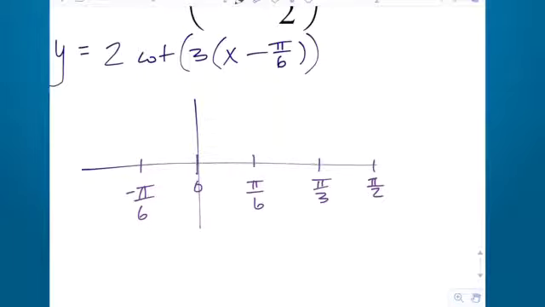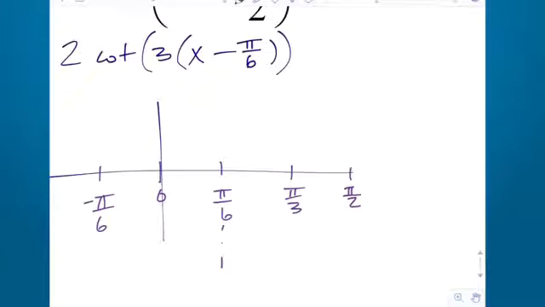Now we need to put our critical values down. Cotangent normally has a what on the y-axis? Vertical asymptote, which is now shifted to the right pi sixth units. So we have a vertical asymptote at pi sixth. No vertical shift, so our inflection values are on the x-axis. And so now we just alternate.